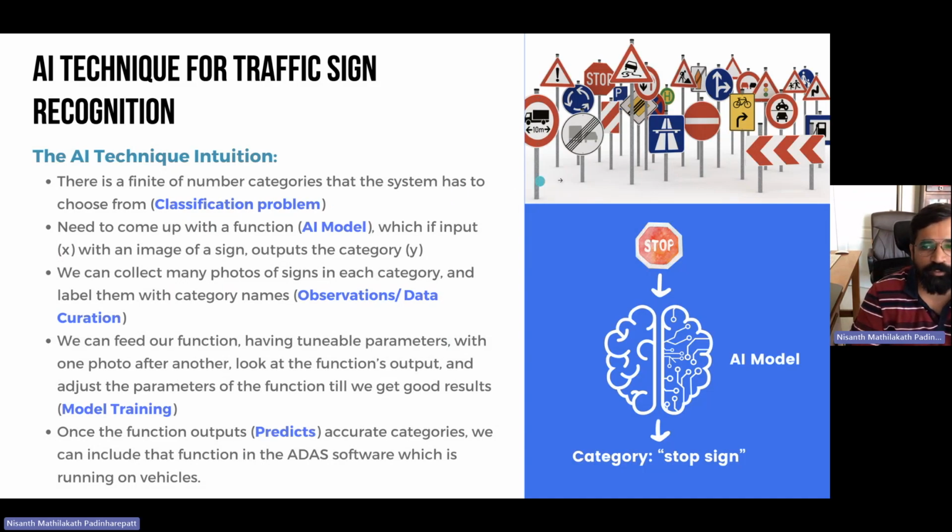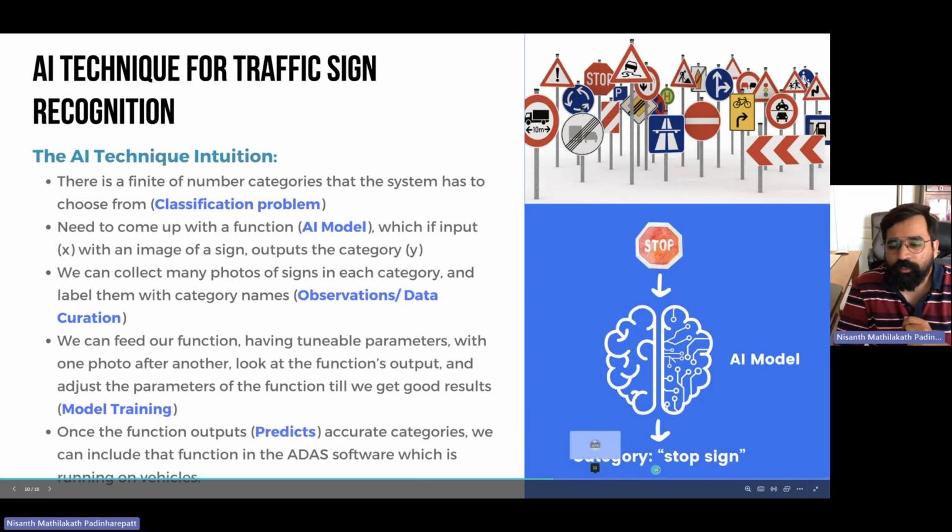Suppose a stop sign image is given. This image is the x. Input x is an image. Then there is an AI model or a function. In our case, the function was y equal to mx, a linear model with just one parameter m. In this case, there will be many parameters, m1, m2, m3, maybe thousands of them. The output y is a number, a category number or label.